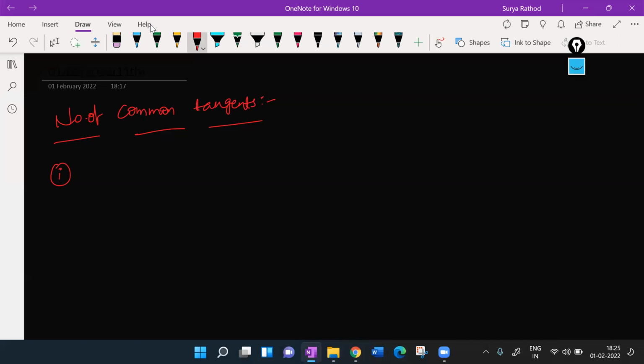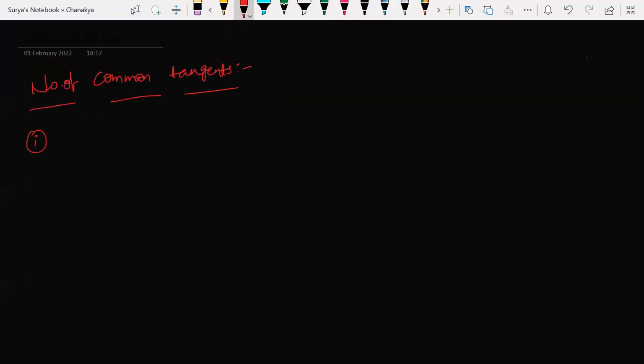Under different conditions, we'll be having different formulas, I would say, and the different statements will be having different conditions. So when two circles, look at it here, this is a parameter.